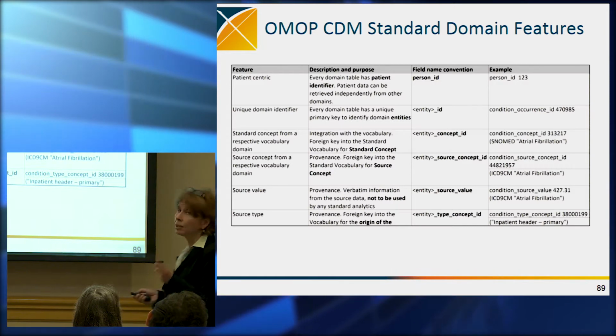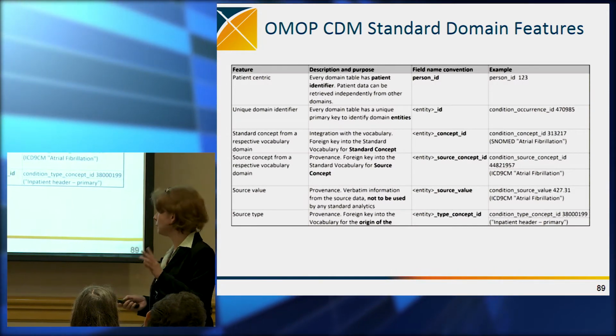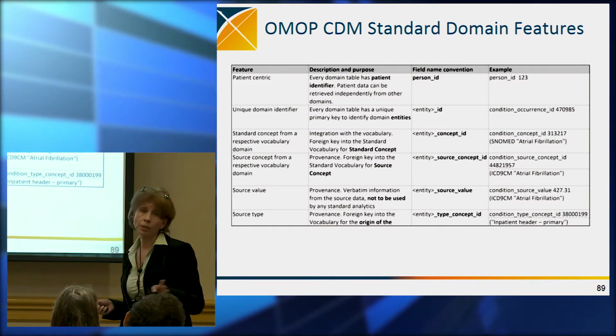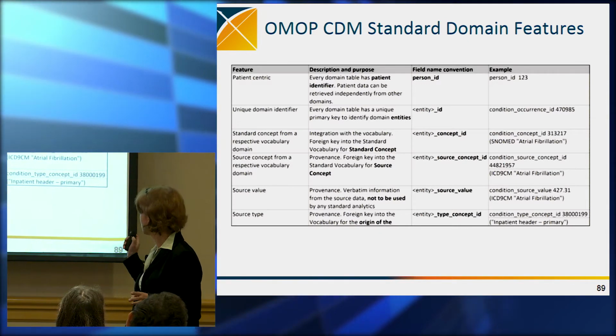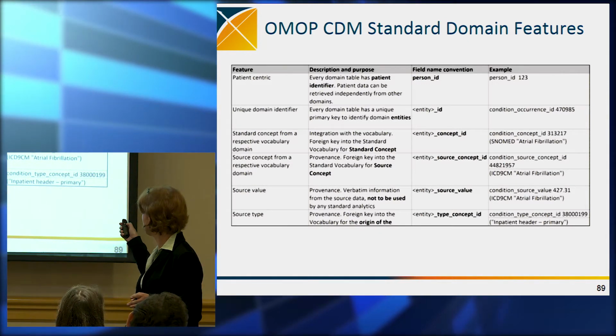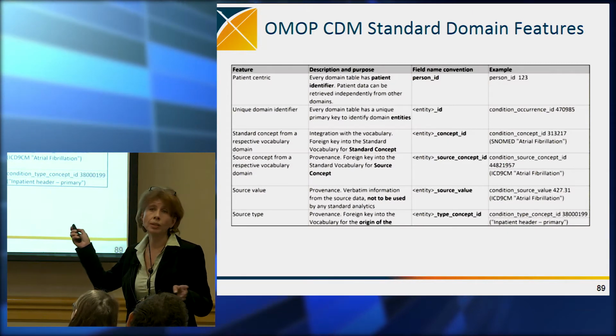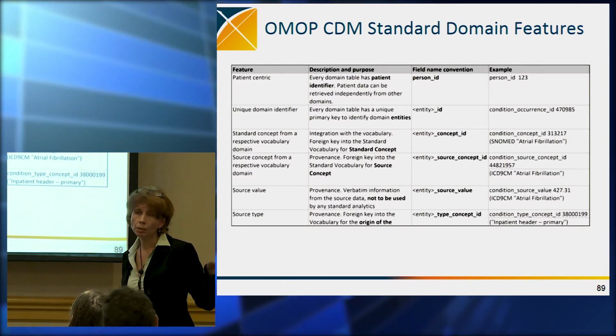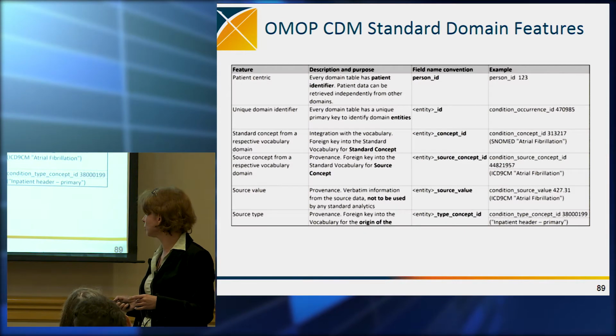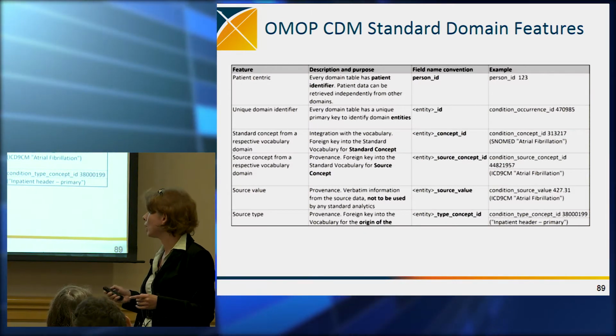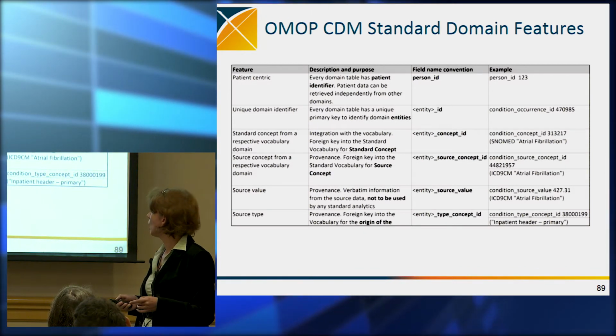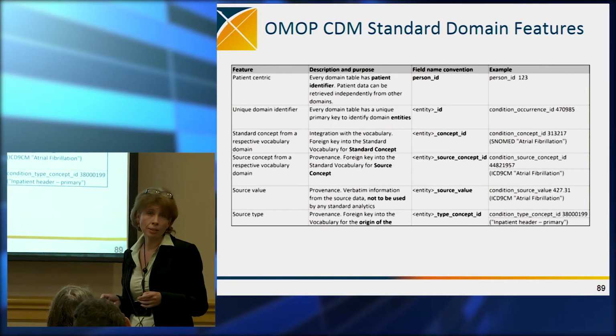Patient-centric. As I said, every domain table has a patient identifier. It's called person ID, and person ID 123 will be propagated through the entirety of the clinical and other patient data tables. There is a unique domain identifier.